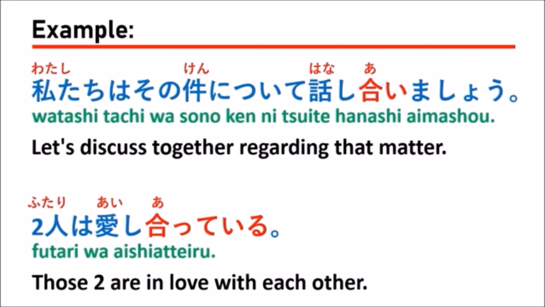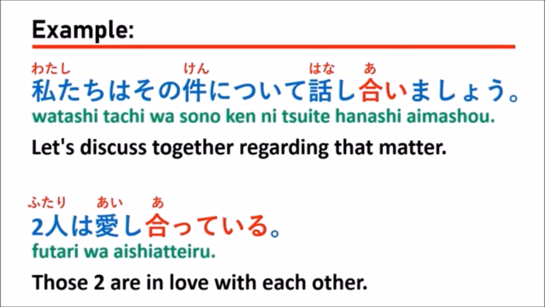For the second sentence, they use the grammar of ai with the verb aisuru. So we change aisuru to masu form, aishimasu, which means love.